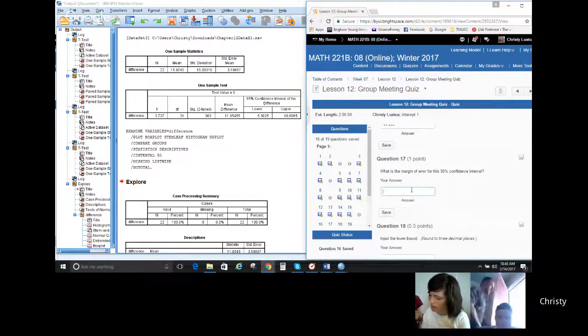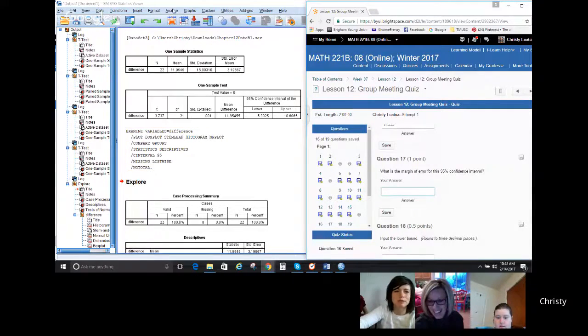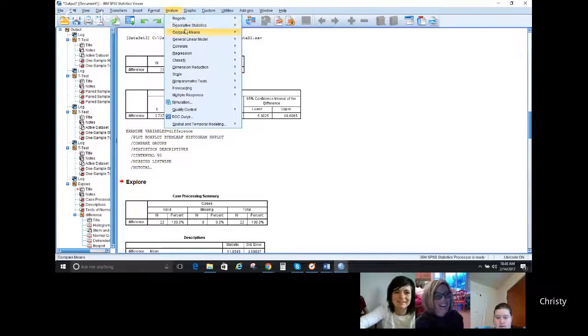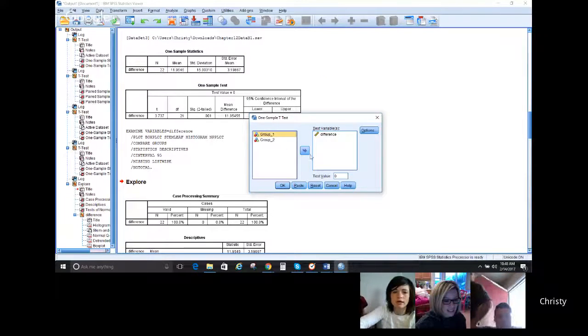Maybe I need to not be lazy and go back through, and maybe we'll get more information if I actually do a t-test. We're dying here without a third and fourth opinion. One sample t-test, just the difference.